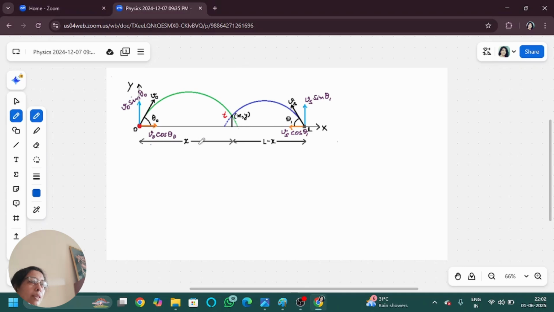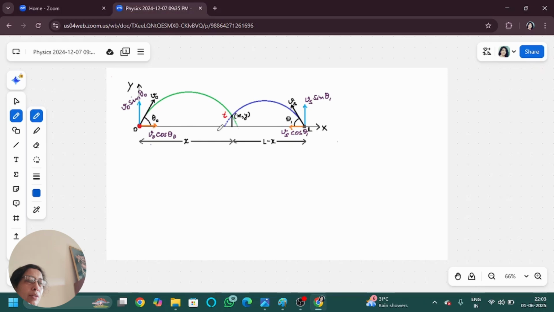Let us consider the conditions given in the problem. The ball is thrown with a velocity v0 making an angle theta 0. The stone is thrown with a velocity vs, suppose, making an angle theta 1 with the negative x-axis. Then the initial coordinates of the ball are 0, 0, whereas the initial coordinates of the stone is L, 0.